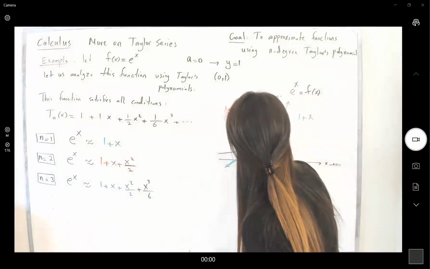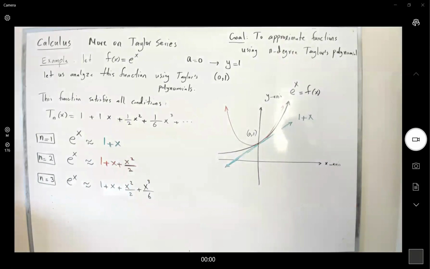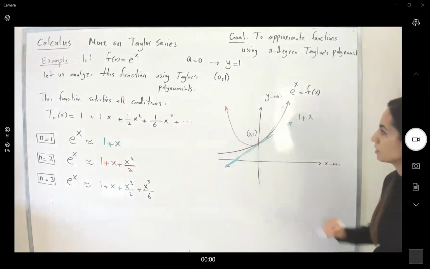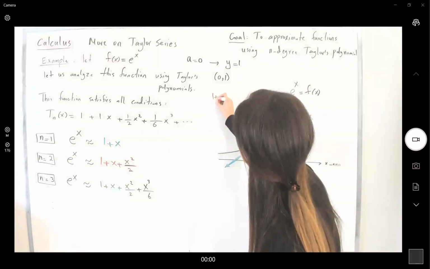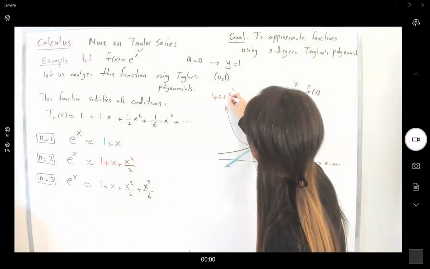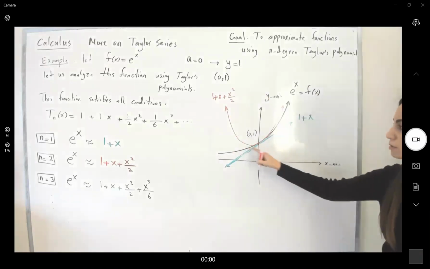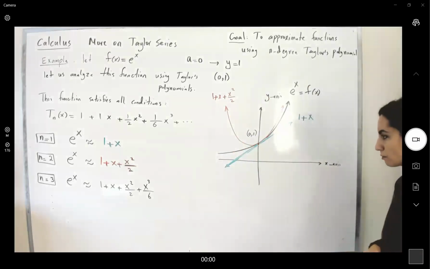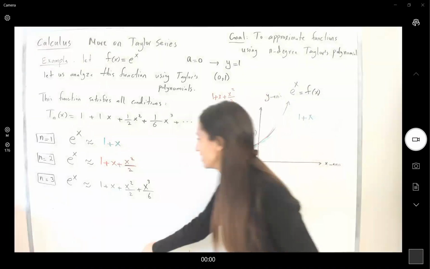It's going to be this way. So again, at (0, 1) they intersect, but as you move to the left and to the right, the difference between the y values is getting higher and higher.